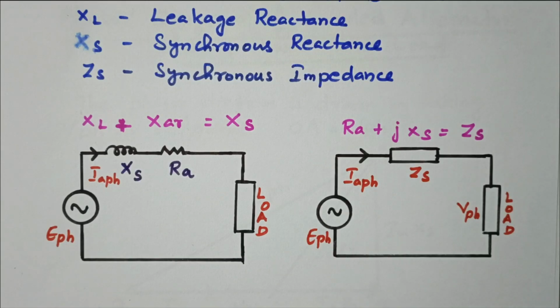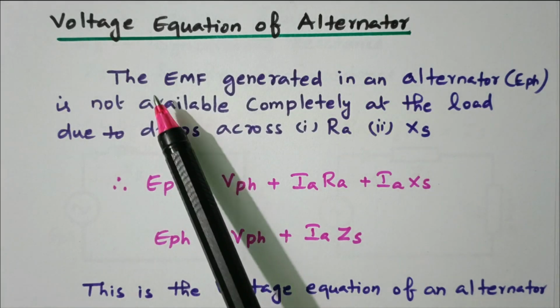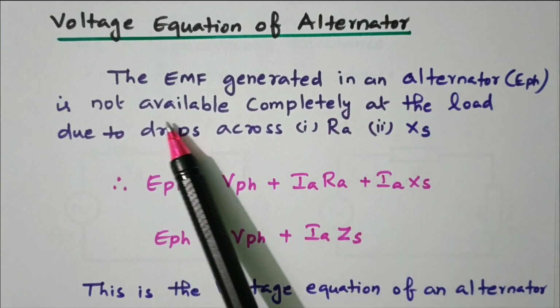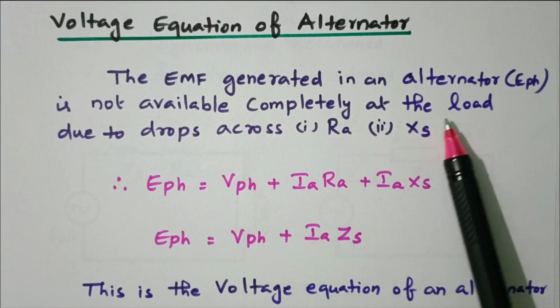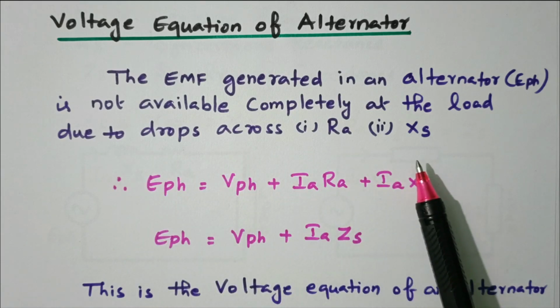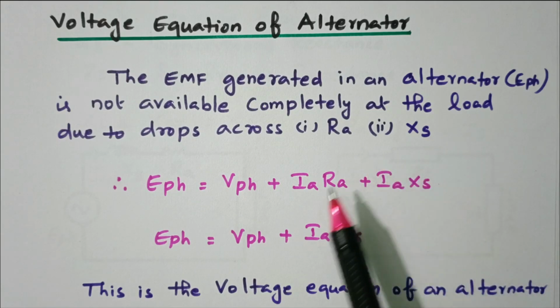Now we'll see the voltage equation of the alternator. So this is the voltage equation. As we discussed earlier, the EMF generated in an alternator is not available completely at the load due to the drop across RA and XS. Right? It's not completely available in the load. Some of the amount is dropped.